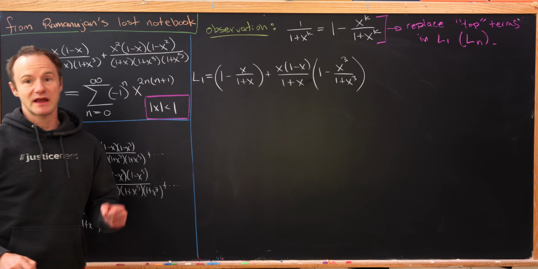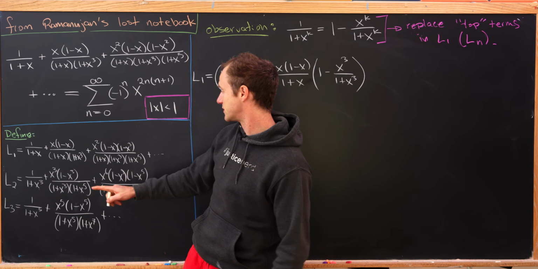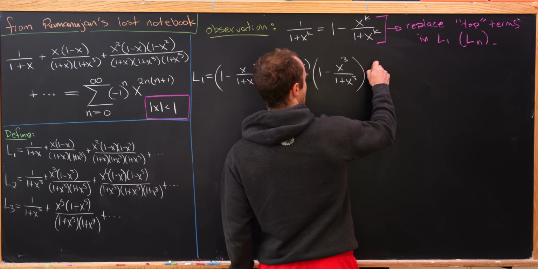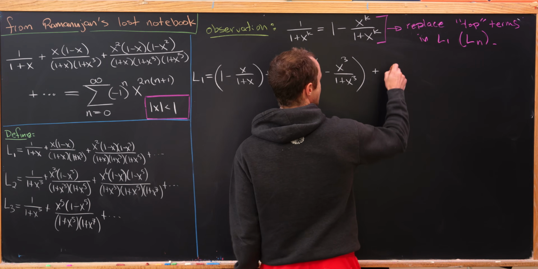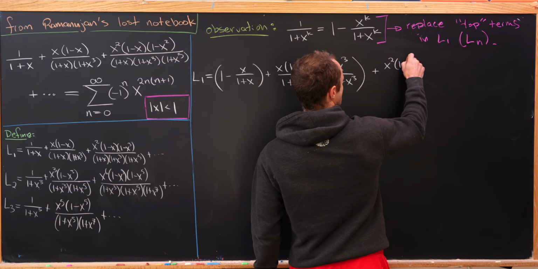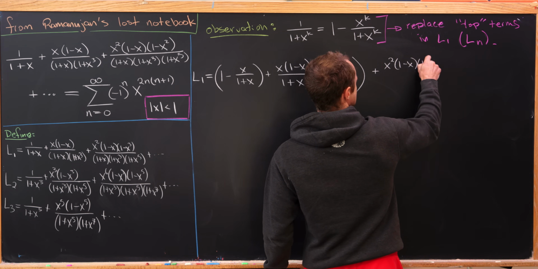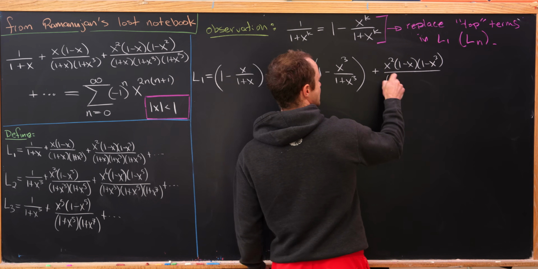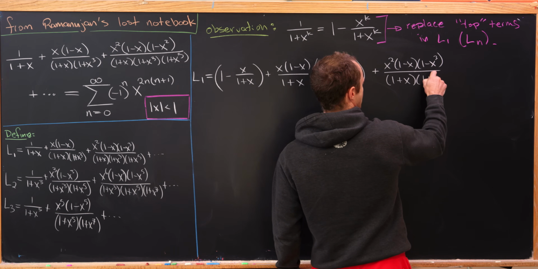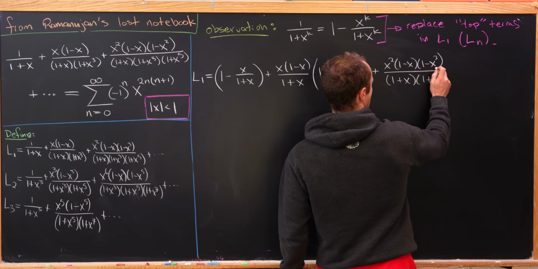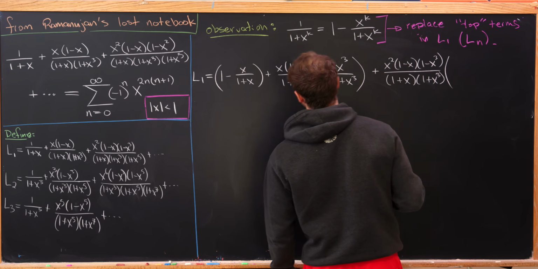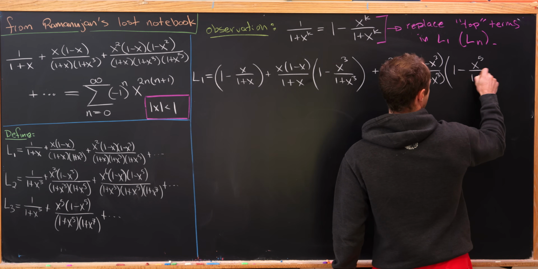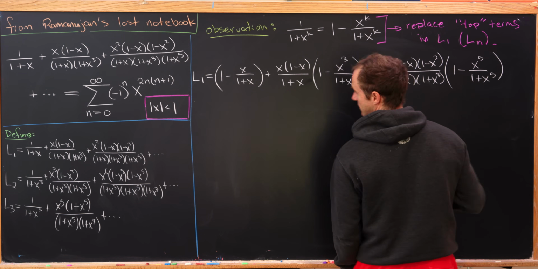So like I said, I'm going to make the replacement for this top term over here. And then I'll do the same thing for the next bit. So I'll have, let's see, x squared times 1 minus x times 1 minus x cubed. So my denominator will now be 1 plus x and 1 plus x cubed. And then my so-called top term will be expanded as 1 minus x to the fifth over 1 plus x to the fifth.